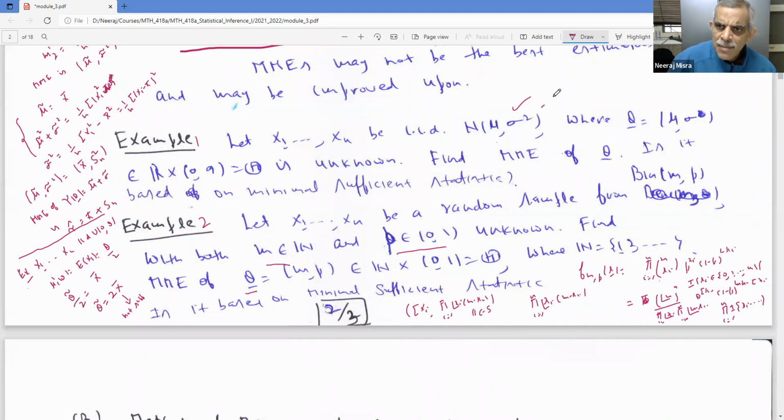And if you have to get the method of moments estimator, what is mu1 prime theta? The first moment, sorry, not this example, the binomial example. What is the first moment? It is m times p. What is the second one? mp times 1 minus p.